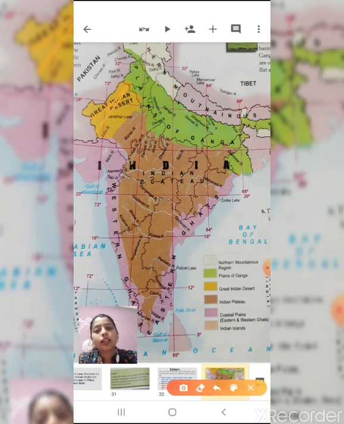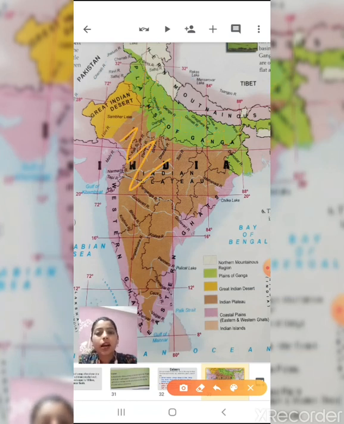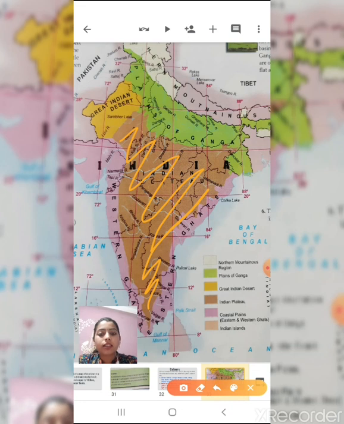See, yellow color is used for showing desert. Green color is used for plain area. Brown color is used for showing the plateaus.